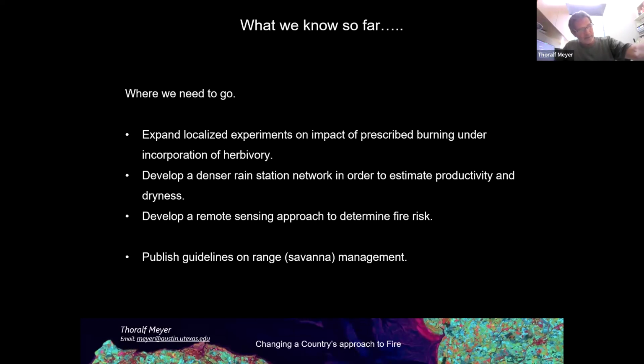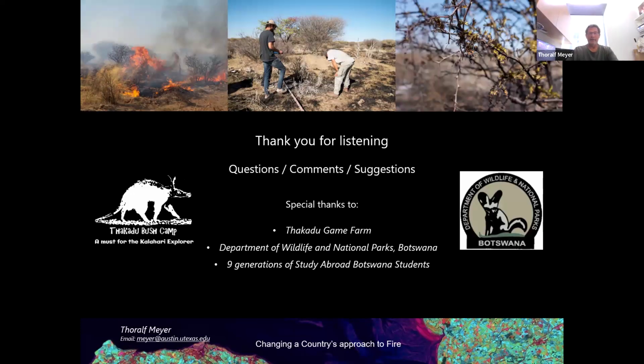The bottom line is that we need to ground validate our remote sensing work to make it more meaningful, and second, to fine-tune models for the local conditions we are seeing on the ground, in our case, in the Kalahari. So on that note, I would like to open the floor for questions, folks.